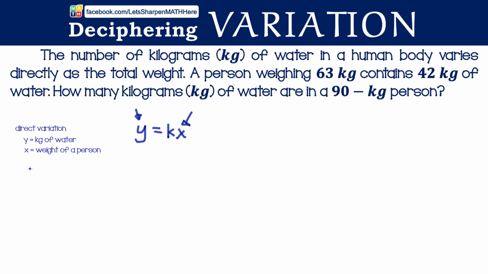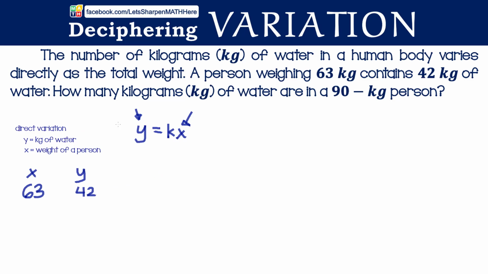So first, we know that the first pair of values, for x, the weight of a person, if a person weighs 63 kilograms, y, or the number of kilograms of water for that specific person, is 42 kilograms. This is the first pair of values given.